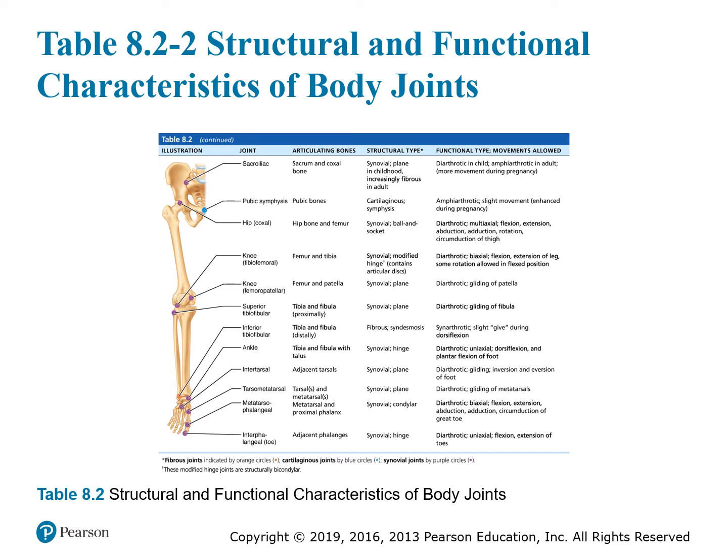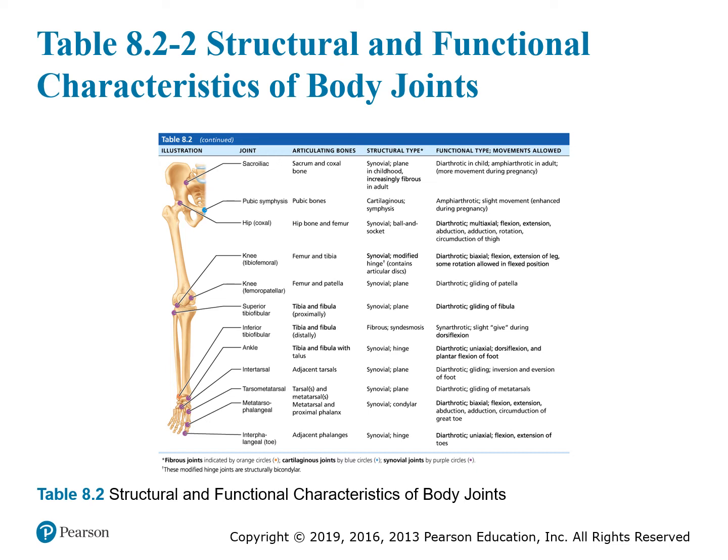Distally, we have the inferior tibiofibular joint, consisting of the tibia and the fibula at the distal end. This is a fibrous joint or a syndesmosis. Functionally, it is considered synarthrotic, with slight give during dorsiflexion of the ankle.